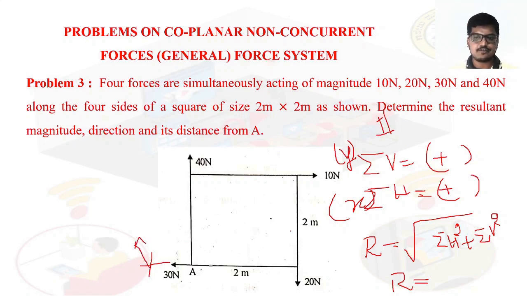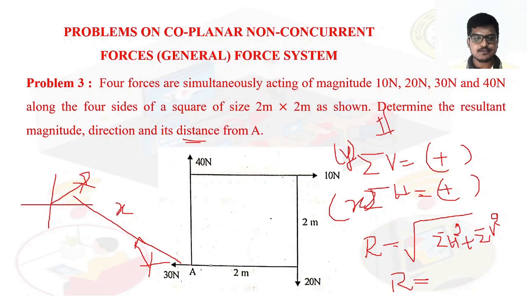For example, if both are positive it will be in the first quadrant. We have to draw the resultant like this. And this resultant we will take at a distance of x. We have to determine the resultant's distance from A, right?